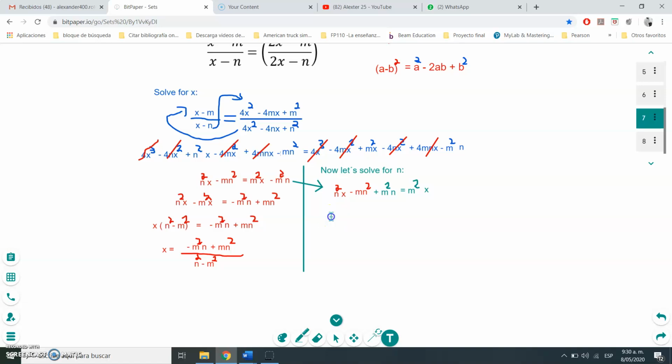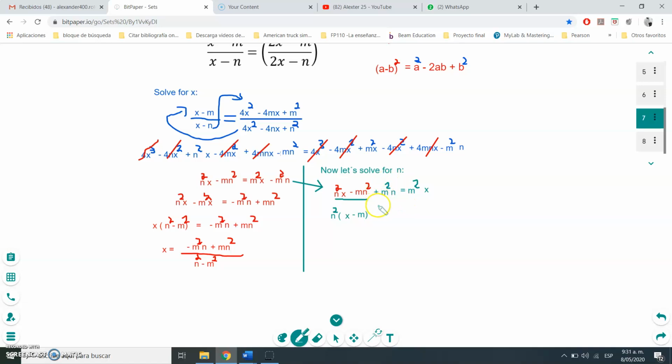So we will have here n squared times, and by what do we multiply to get n squared x? We multiply by x, and then minus m, to get this expression. So this is the factorized form of this part.